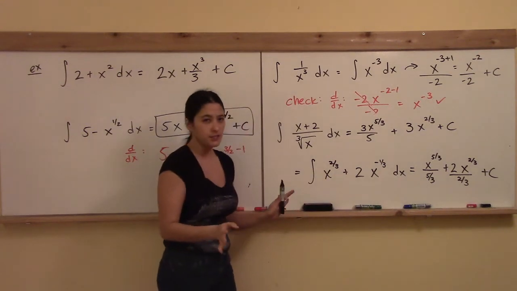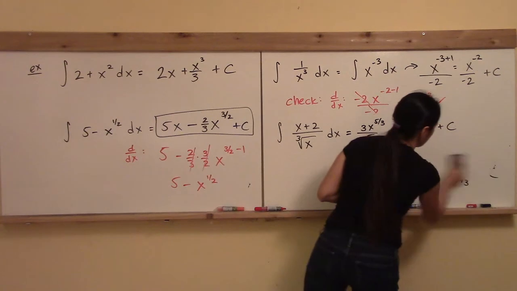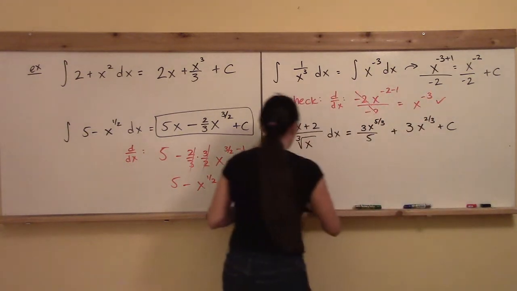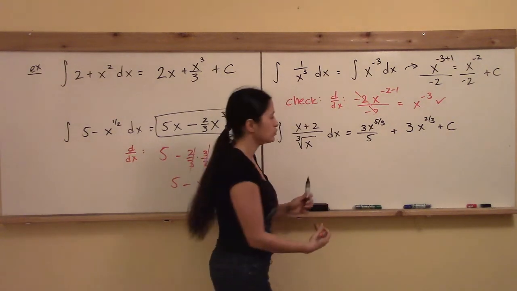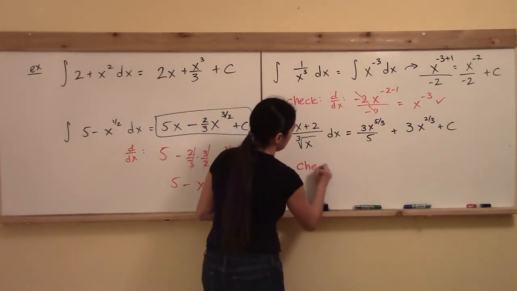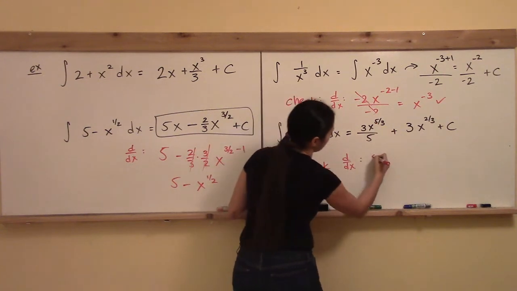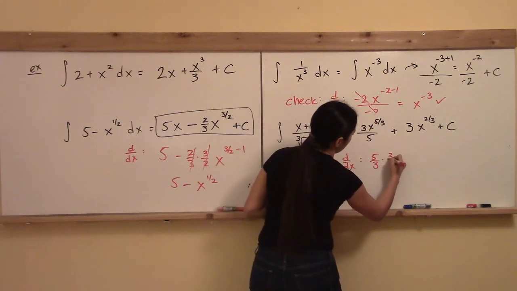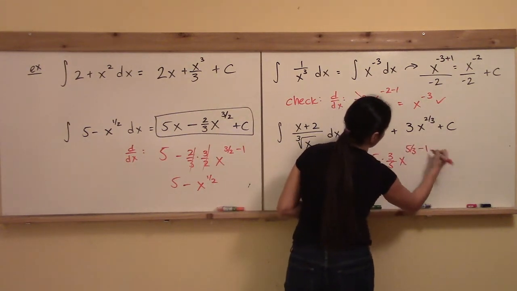Okay, so I pretty much think I did it, but I don't want to get out of here until I check my answer. If anything did go wrong, when I check my answer, I'll be led to where I went wrong. Okay, so I'm going to check by taking the d/dx, and for this one, the 5/3 comes down, and it multiplies the 3/5, and I get x to the 5/3 minus 1.